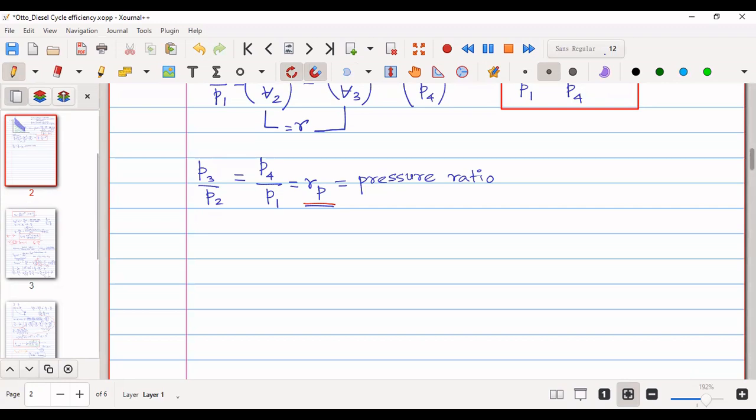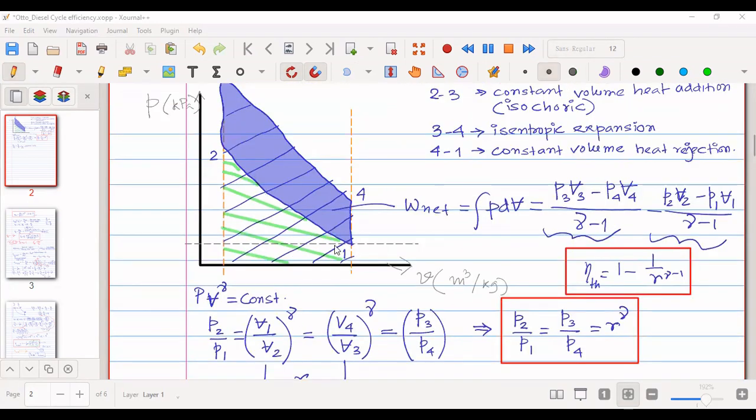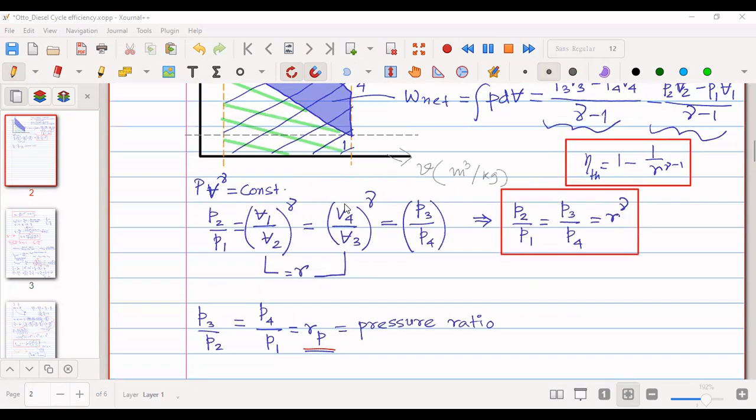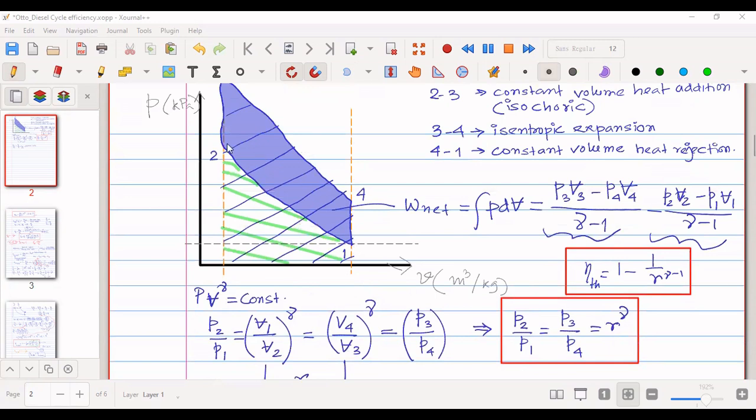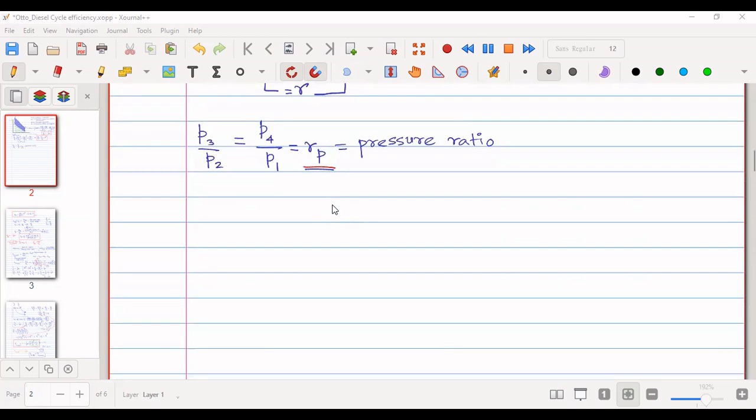Because you see that P3 by P2 and P4 by P1, between the processes 1 to 2 and 4 to 3, or 3 to 4, basically these are isentropic processes between two constant volume lines. Therefore, the ratio of pressure between 1 and 2 and between 4 and 3 can be represented by the same ratio of volume.